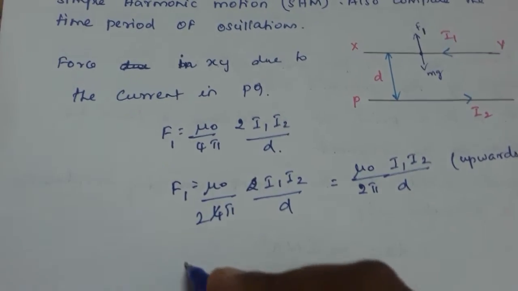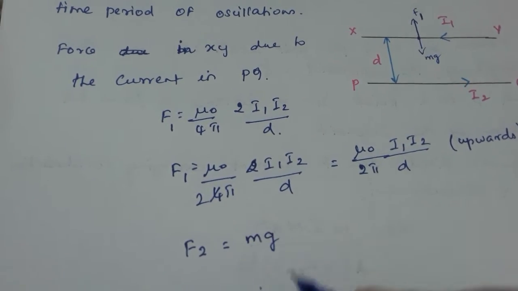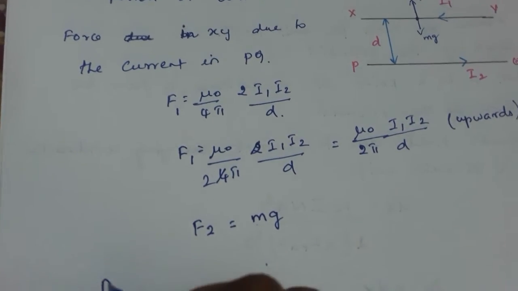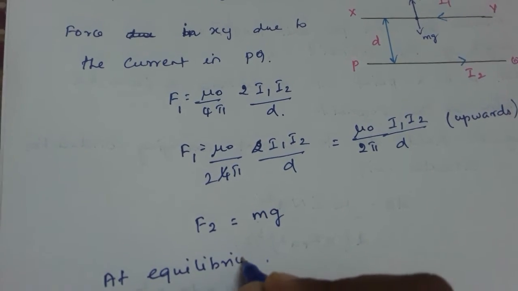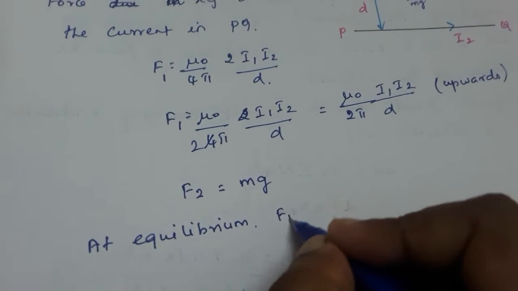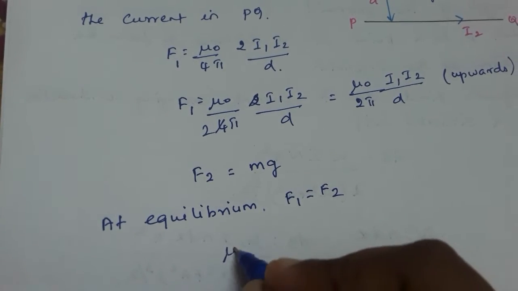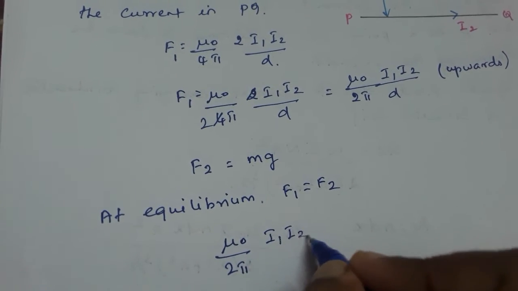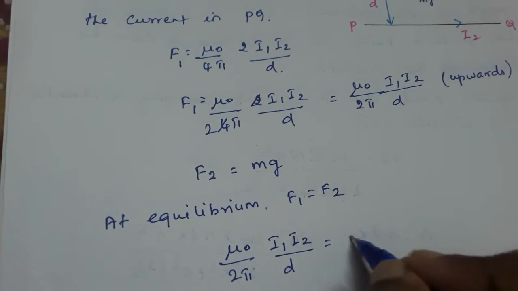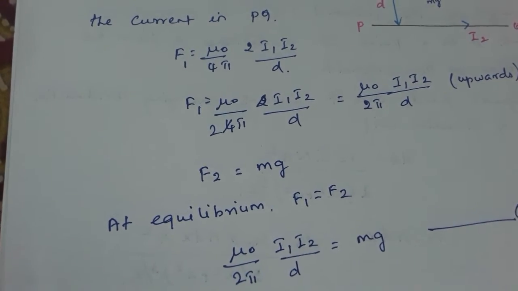Now, what is the F2 force acting here? The F2 force is the downward force, that is mg. At equilibrium, these two forces are equal. So F1 is equal to F2, so we can write mu 0 by 2 pi I1 I2 by D is equal to mg. I am going to take this as equation number 1.